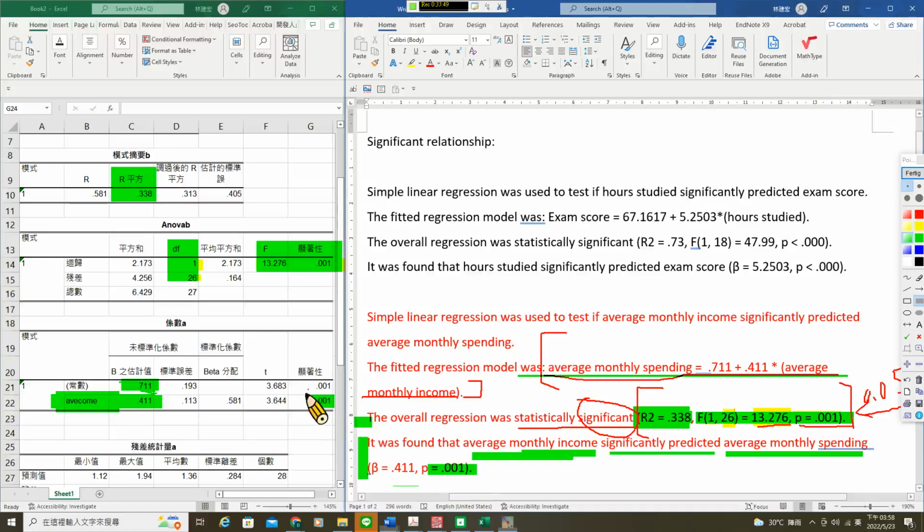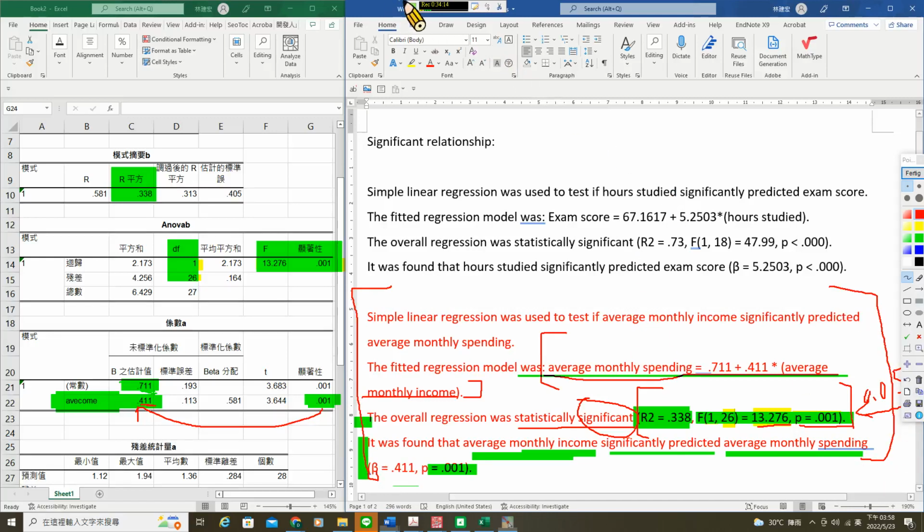Because look here, this one refers to this one. Okay. So this is the way for our report. When you want to report your regression analysis, you need to include this component.